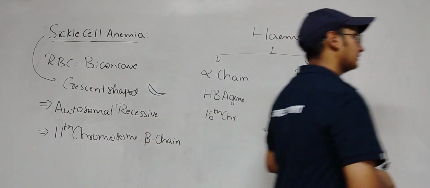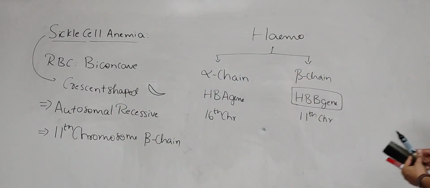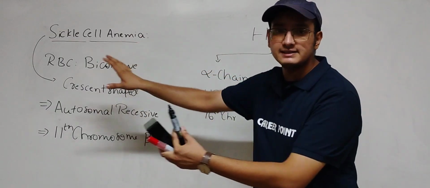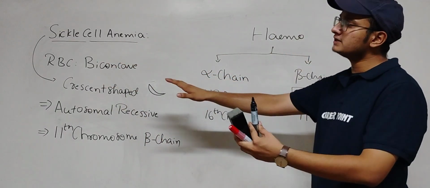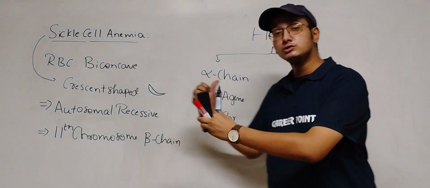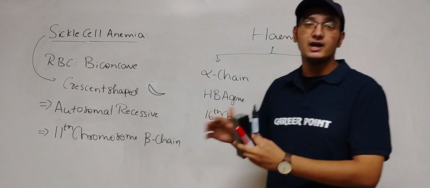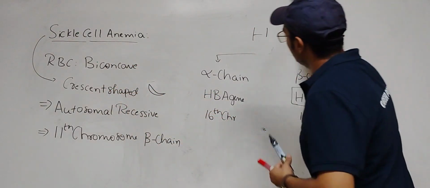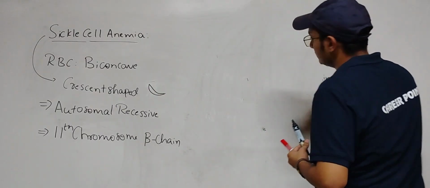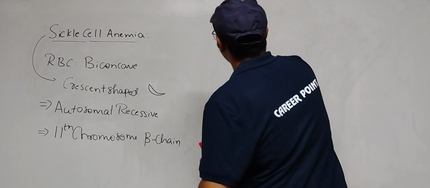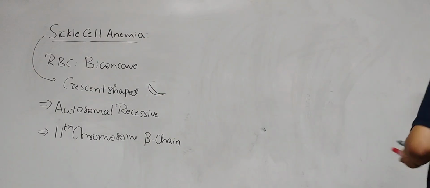There is a mutation in the beta gene and it leads to sickle cell anemia. Normally red blood cells are biconcave in shape. Because of this mutation, the red blood cells become sickle, crescent, elongated in shape. So the defect is at the 11th chromosome.